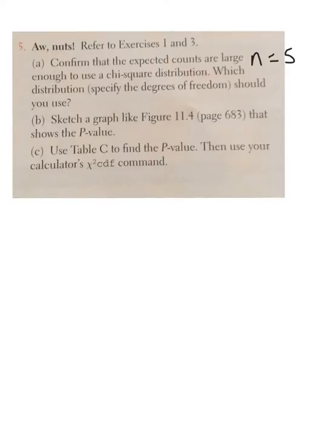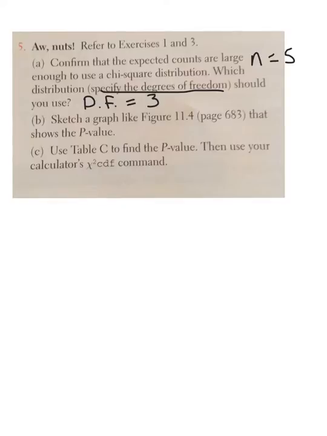Okay. And now what was the degrees of freedom? We had 4 different nuts, so the degrees of freedom is going to be 1 less than how many categories we have. So the degrees of freedom is going to be 3. Now if you look at page 683, they have different degrees of freedom and the chi-square graph.